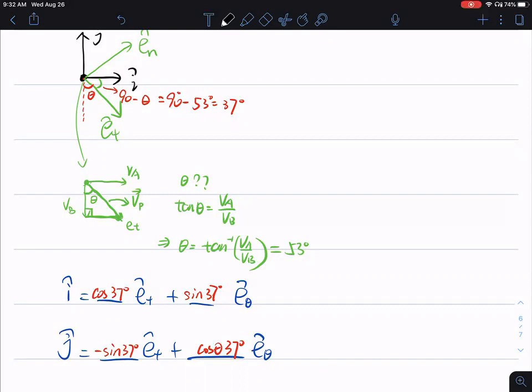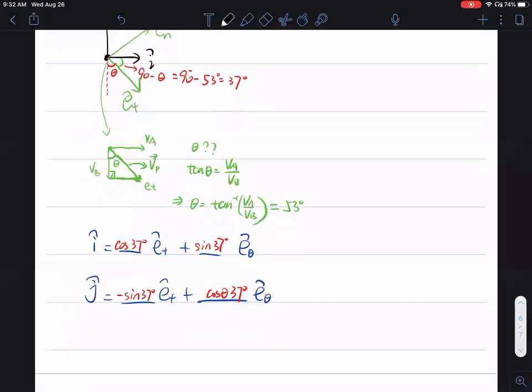If you use the 53 angle, you probably have sine 53 here and cosine 53 there. So everything is kind of reversed sine cosine. But make sure you use the right angle.